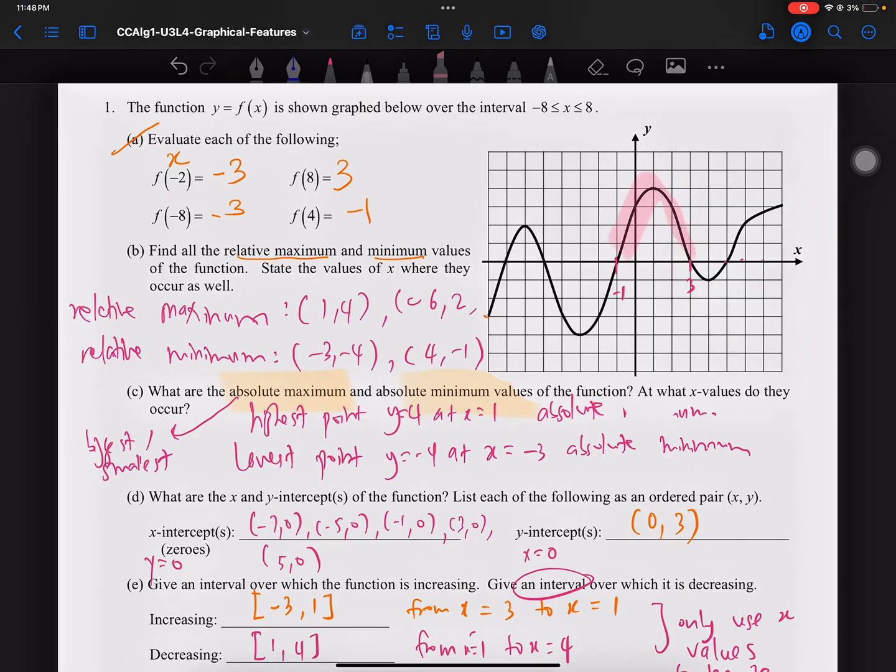A function is positive when it's above the x-axis, because the y values are positive. If it's below the x-axis, it's negative because the y values are negative. Now you can see that the y values here are 1, 2, 3, 4, 5, 6, right? So all are positive y values.